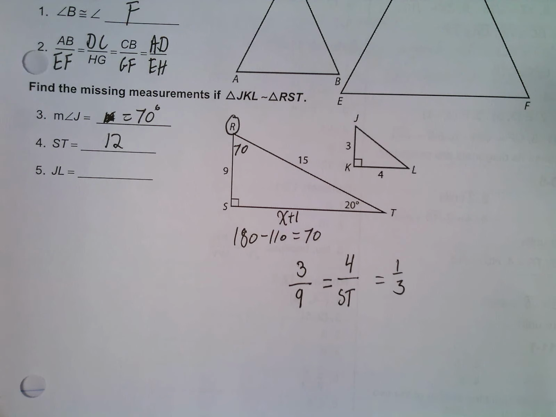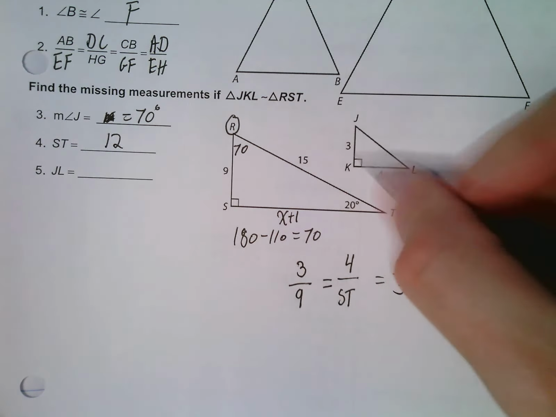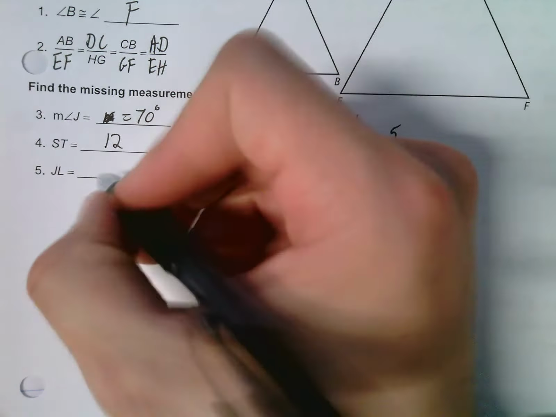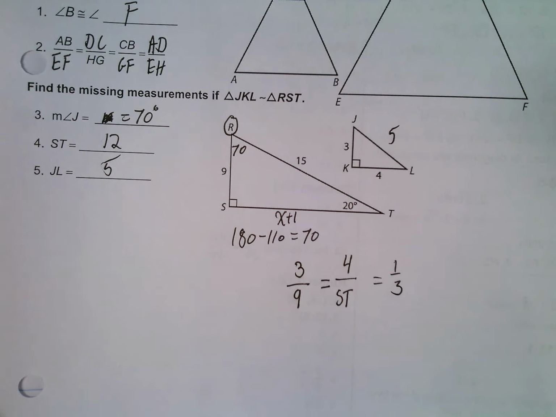How else could you get 5? Juliana. 15 divided by 3. Good. That's a good way of doing it. How else could you do this? Gavin Hart. Yeah, the Pythagorean theorem. This is a Pythagorean triple. 3, 4, 5 is a Pythagorean triple. So there are a whole bunch of different ways to do that.